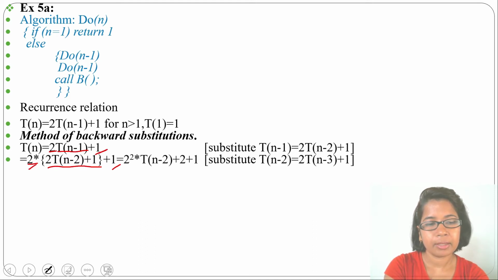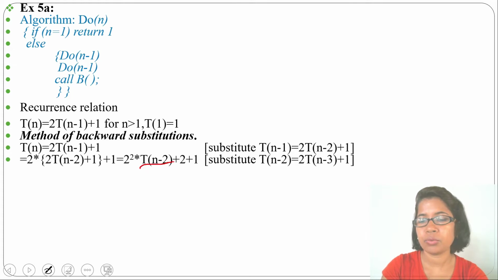After multiplication we get 2 square T(n minus 2), then 2 times 1 is 2, plus 1. Again in place of T(n minus 2), we can substitute 2T(n minus 3) plus 1.